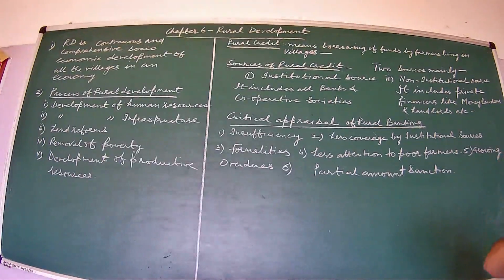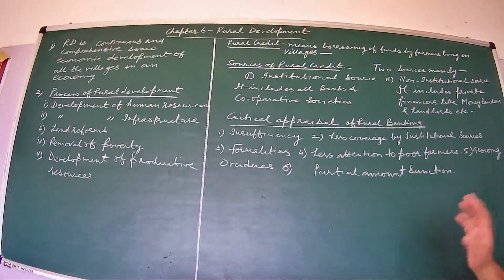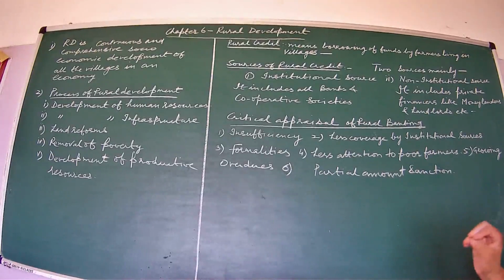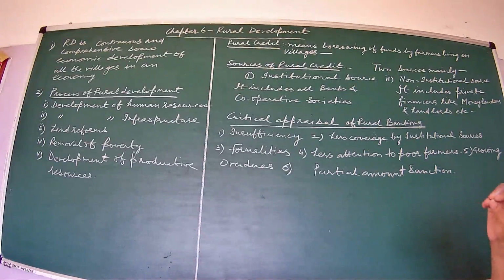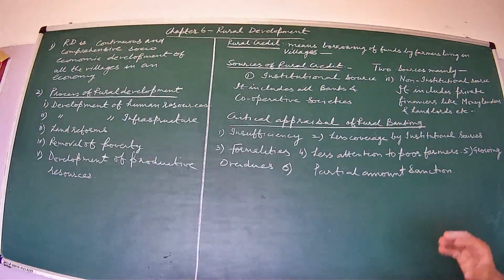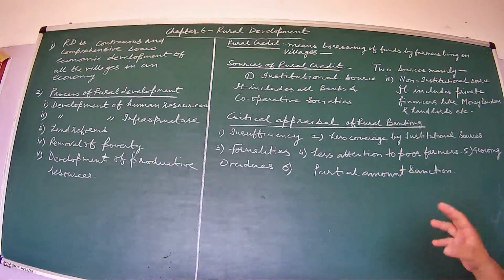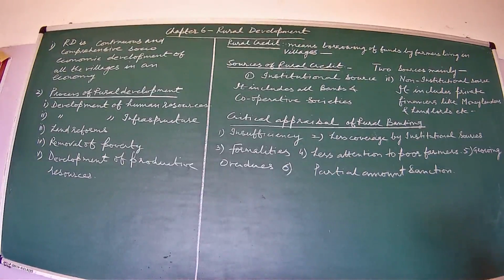Their method is a little lengthy, taking a week or so, maybe 3 or 4 days, but their rate of interest is very low, and they also give subsidies to the farmer on return of the loan amount with interest at the proper time.